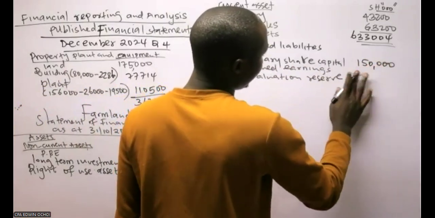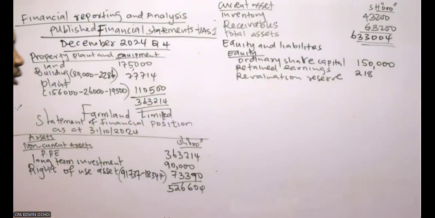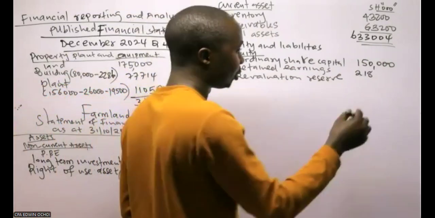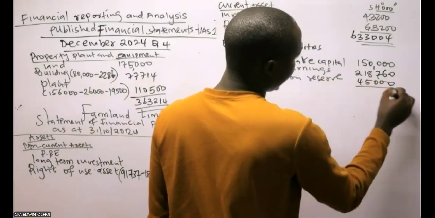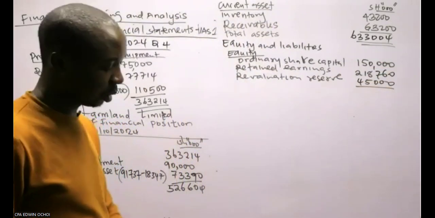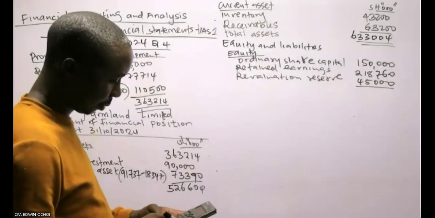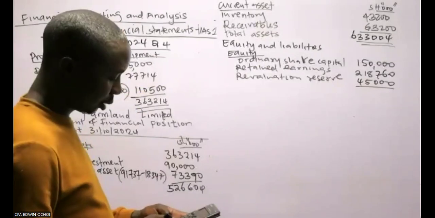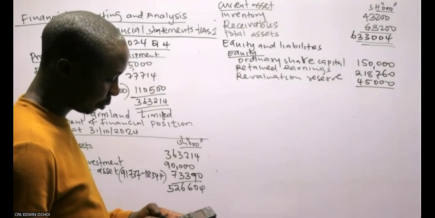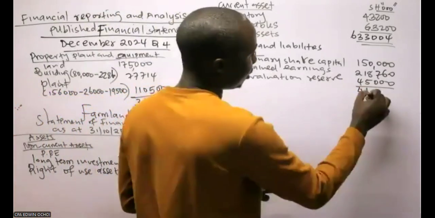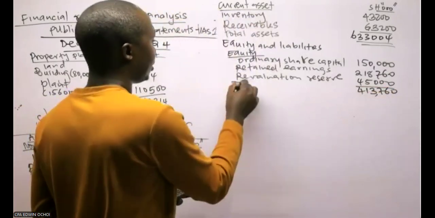Retained earnings from our statement of changes in equity, the balance carried down, was 218,760. And this one was 45,000. So 150,000 plus 218,760 plus 45,000 is 413,760. Total equity.